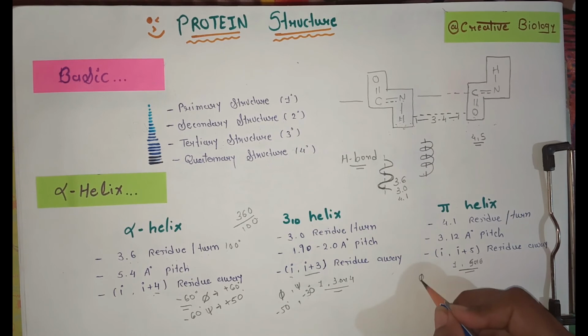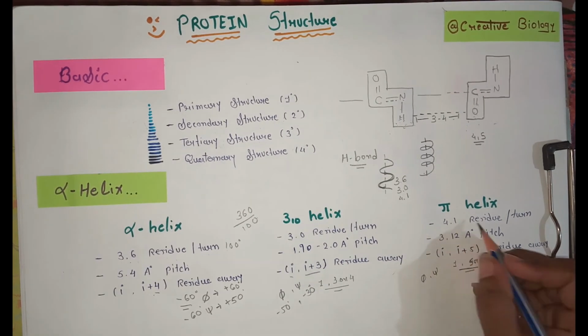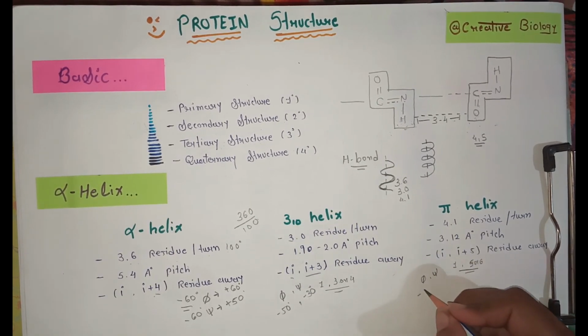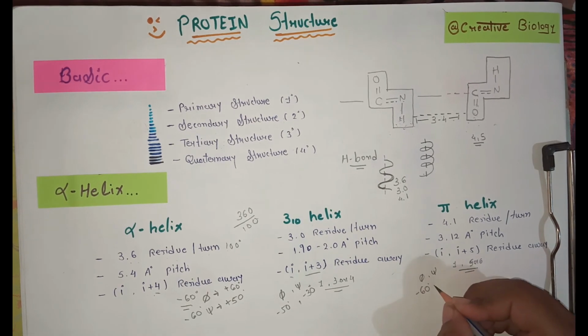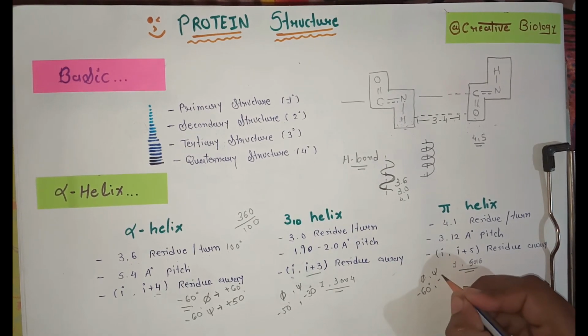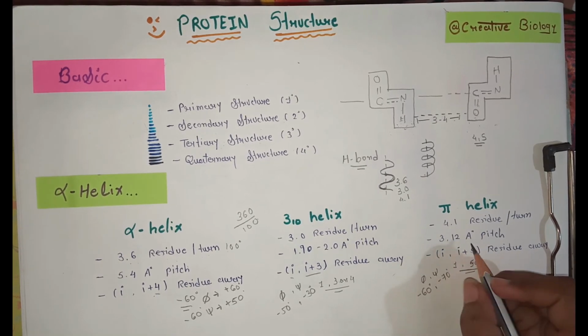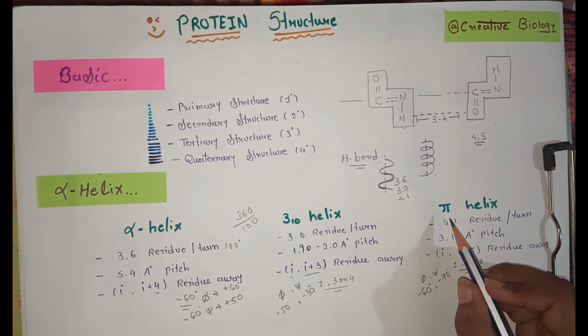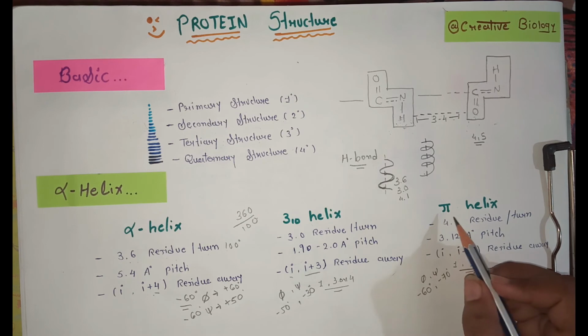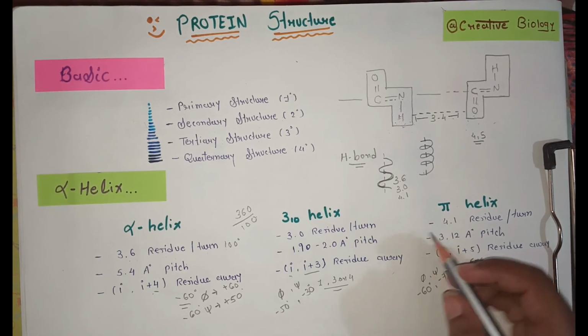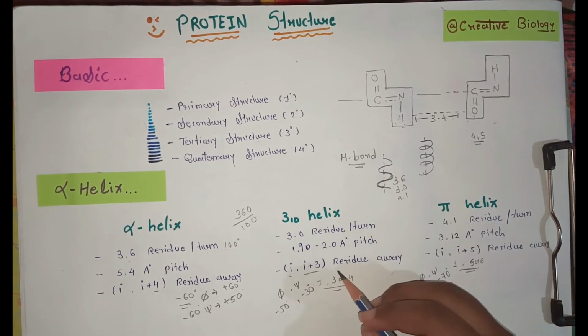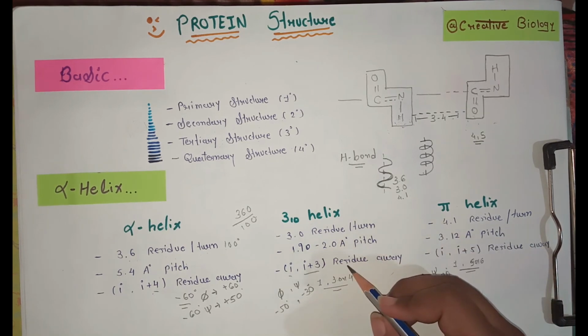And the phi and psi values for the pi helix are approximately minus 60 degrees and minus 70 degrees. So that's all about that. The pi helix is seen in only about one in 6 proteins in nature, while the 3-10 helix, as I already told you, is also found in very small amounts.